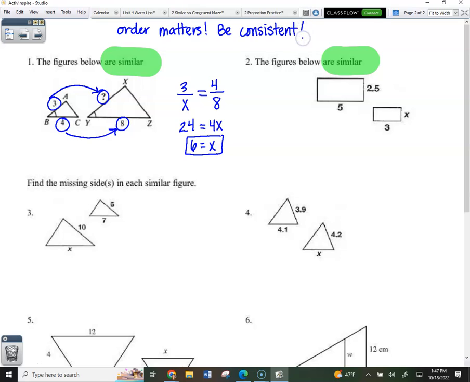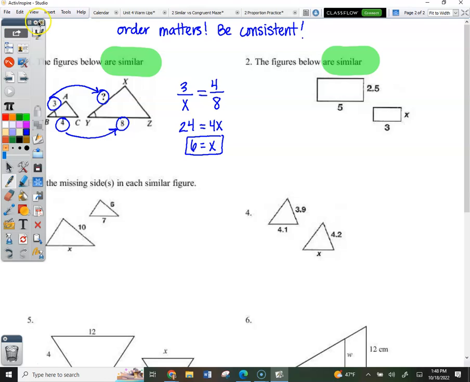Be consistent. Which means if you go, watch this. I'm going to switch to red. Red means wrong. If you say 3 compares to X as 8 compares to 4, you're going to get the wrong answer. And if you look at my arrows, you can probably see why.